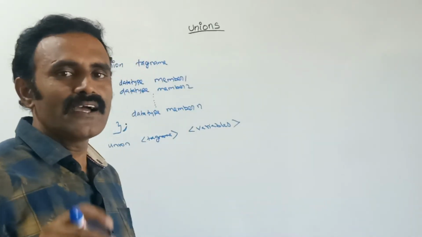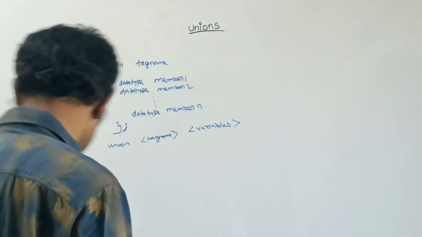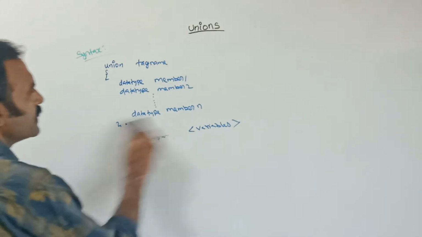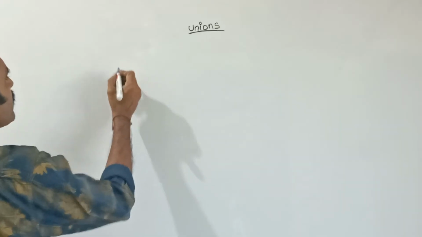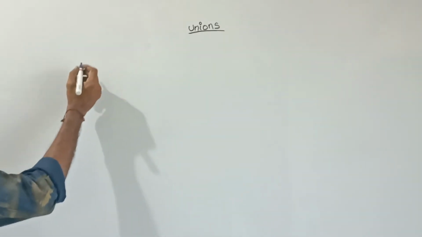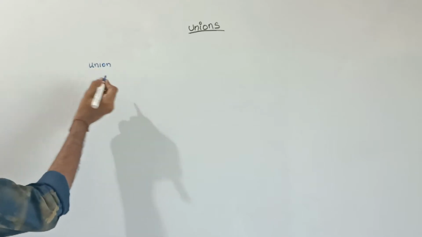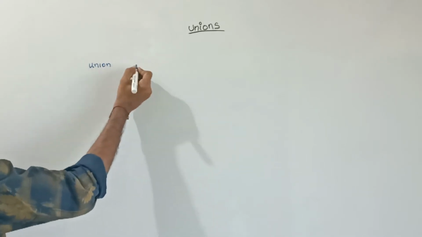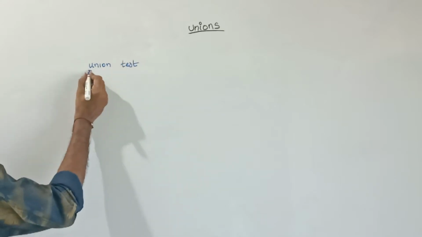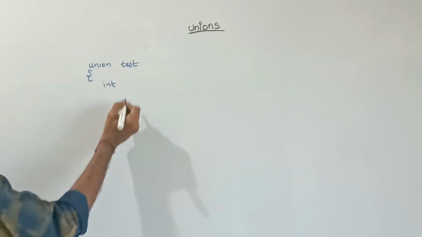Now let us see how the memory is allocated in the union. Let us see a simple example. Here I am creating the union. First we should use the keyword union. After that the tag name, the union name. Here I am giving it as test. Next, inside I am creating the union members.